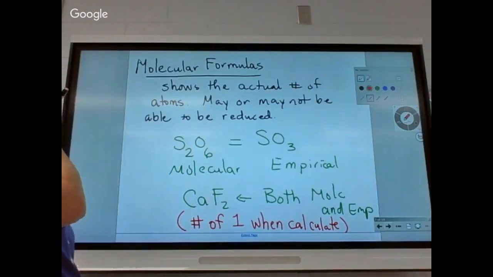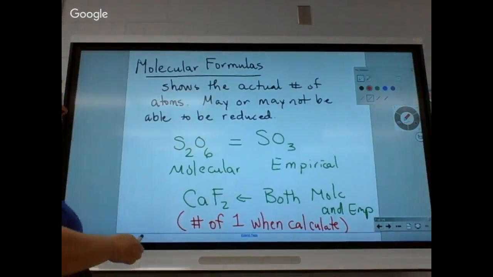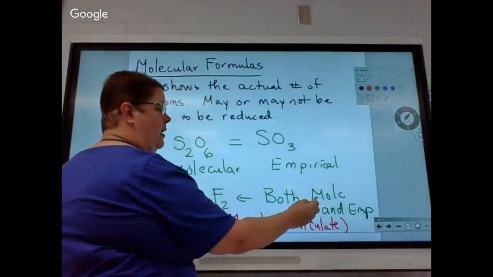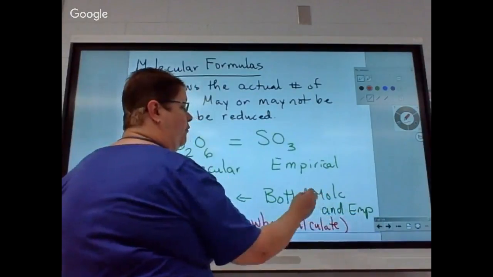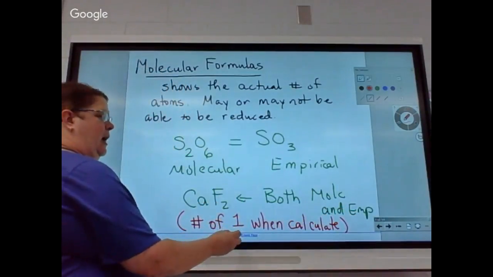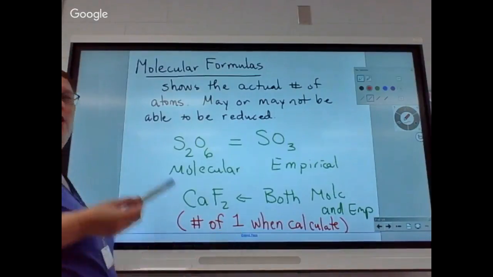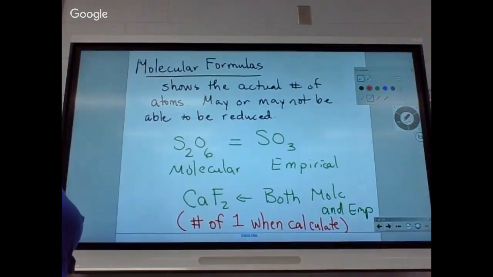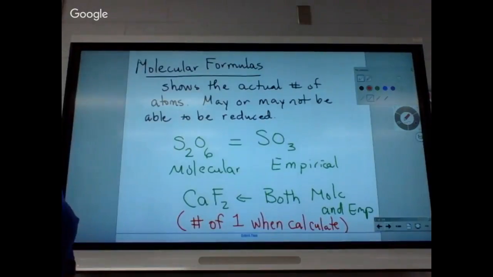It's not. So tomorrow in the lab, sometimes you're going to get a molecular formula and an empirical formula that are the same. So when you calculate, you're going to get a 1. And some of y'all are going to come up to me and go, Ms. Wall, the formulas were the same. Was that possible? And the answer is going to be what? Yes. And it's okay. So don't freak out if you get a 1.